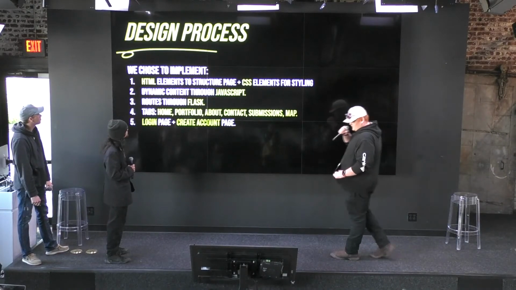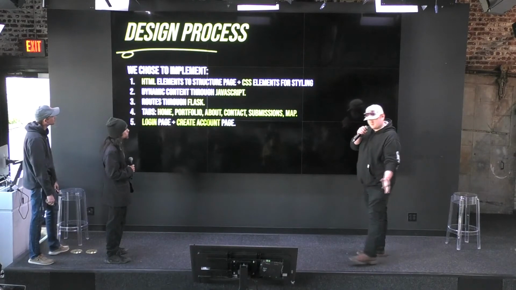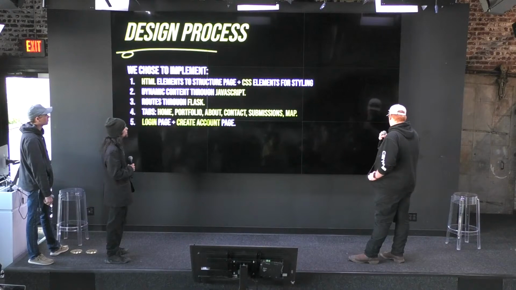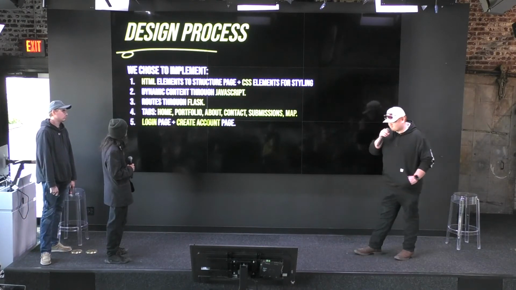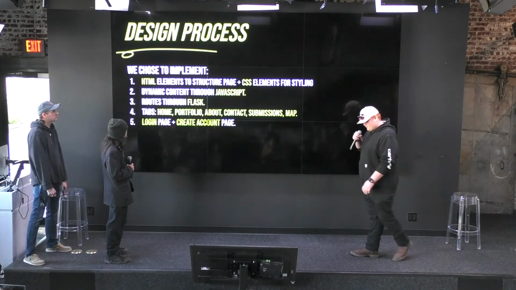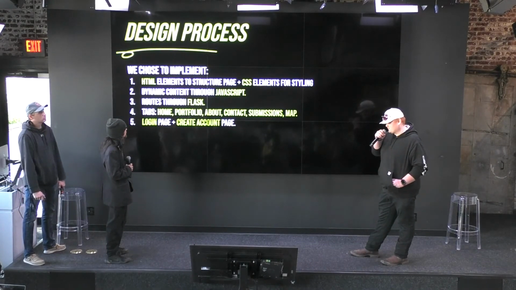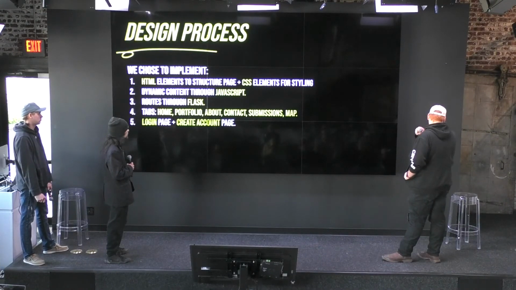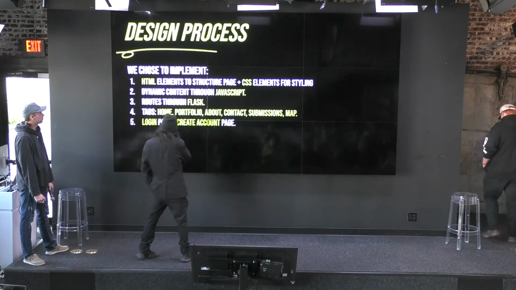So the design process, the first thing we chose to implement was the HTML for the structure of the page, and then the CSS elements for the styling. And then after that, the dynamic content through JavaScript, the routes for Flask for the app routes, and then the tabs on the top: the home, portfolio, about, contact, and submissions, and then a login page and create account page.